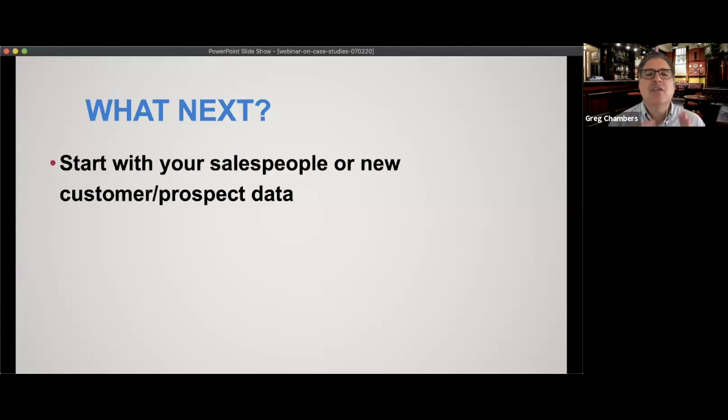This is it. Start with your salespeople, right? If we were going to build the case study or a new prospect or new prospecting customer data, we're going to do a separate project internally for ourselves in the next couple months. One of the things we're doing is we have a data research team because we're a database company. And the data research team is going to dig into our customer prospect data and give us an idea of a segment that we're after.